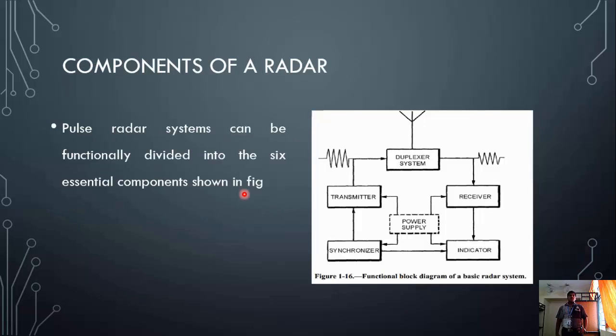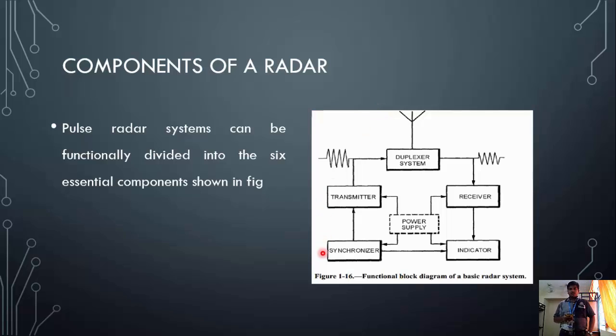Components of a radar. Generally, we are using pulse radar systems. Pulse radar systems can be functionally divided into 6 essential components as shown in the figure.